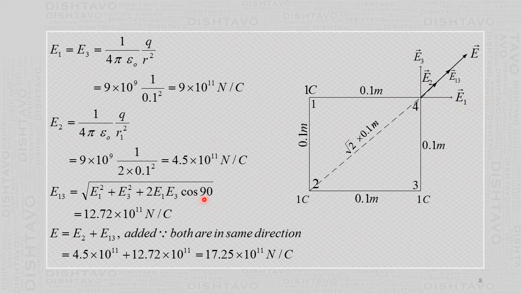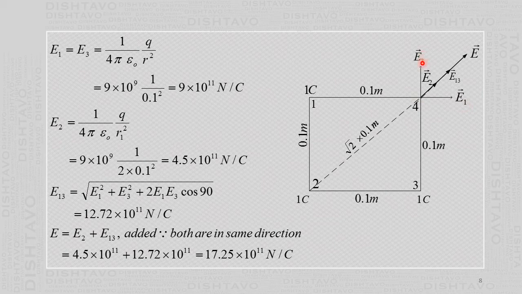Cos 90 is 0, and E1 is equal to E3, so it is square root of 2 times E1 square, that is root 2 into E1. Substituting, root 2 times 9 into 10 raised to 11, you will get 12.72 into 10 raised to 11 newtons per coulomb. So we have found the resultant of E1 and E3.